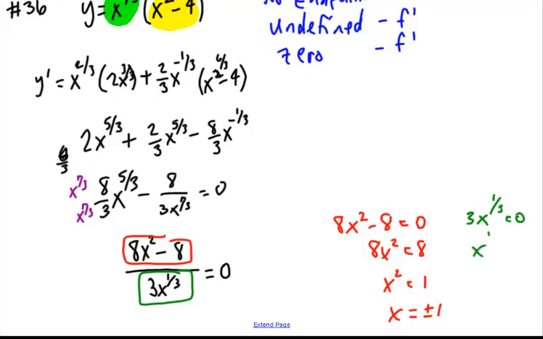So this would be x to the 1/3 equals 0. And cube both sides, right? So if you cube both sides, don't forget that trick. Just like on the previous part, we square rooted. And so when I do this, x is equal to 0. So my critical points, let's look back up here. I'm undefined when x is equal to 0. I have a 0 when x is equal to plus or minus 1. Those are my critical points.